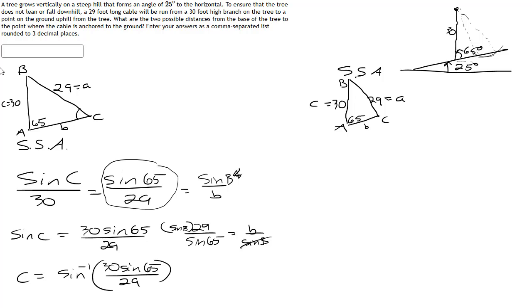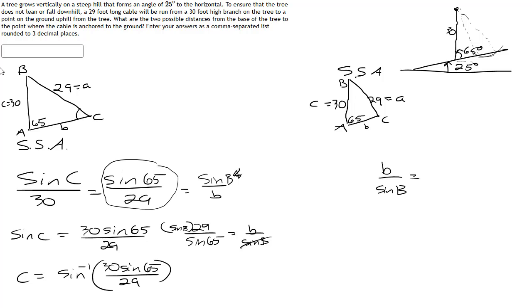This one is done exactly the same way, right? You've got a pair, an angle and a side, then you've got another side, so you can solve for this angle. Once you have this angle, then you know this angle from 180 minus the sum of those two. Then once you have that angle, you can set it up the same way. Little b over sine of the angle we just found is going to equal, and again, you want to go back to the one that has nice, pretty, perfect numbers.